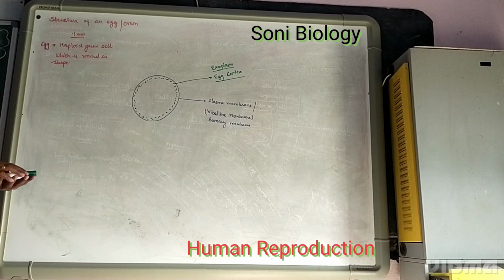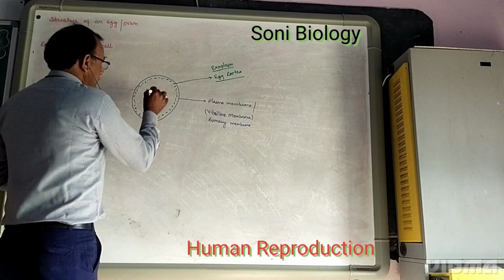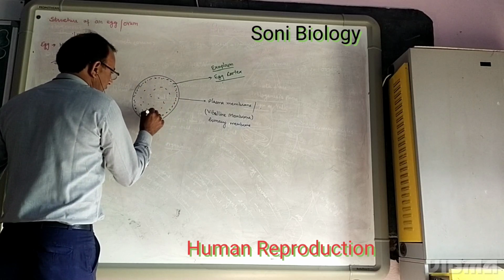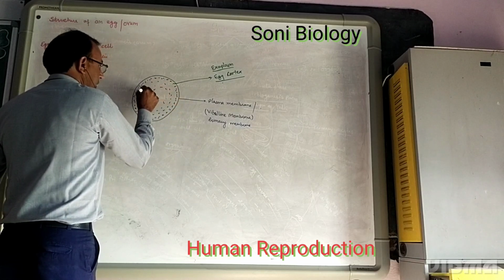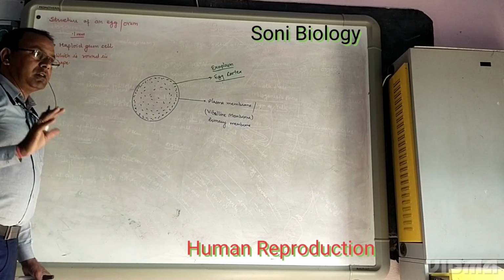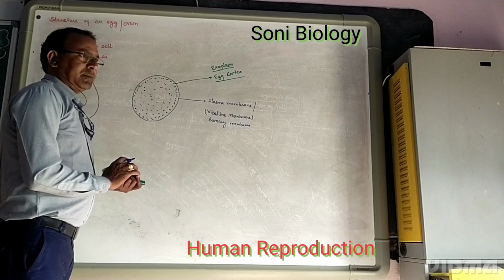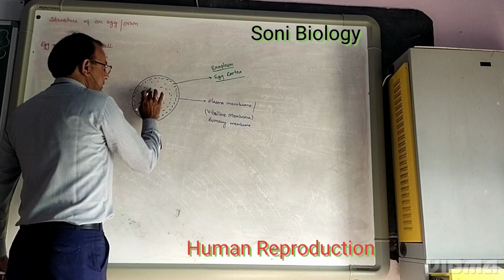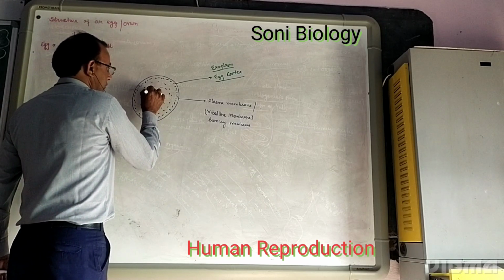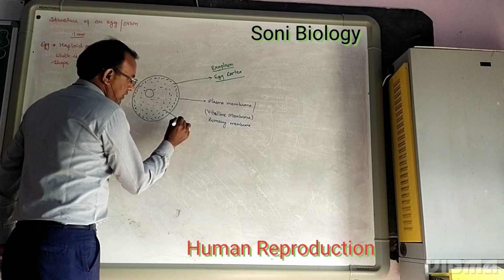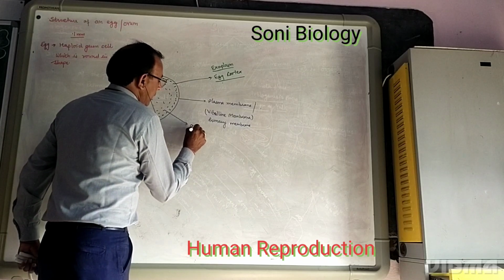The inner zone contains a very small quantity of yolk in human beings, as well as the cytoplasm, and it contains a nucleus. This inner zone is called ooplasm.